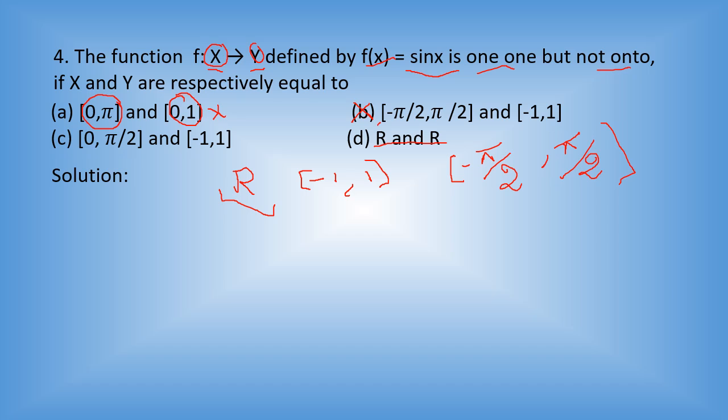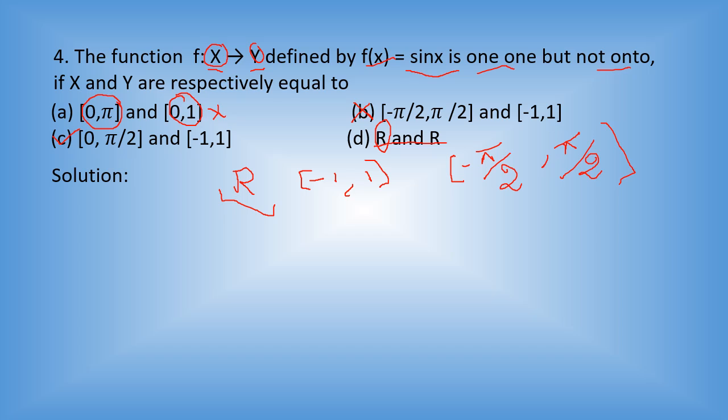If I consider the domain R as the set of all real numbers, that is not 1-1. That indicates that the function f of x equal to sin x is not a 1-1 function. Therefore, the only option is option C. If I take the domain as the closed interval 0 comma pi by 2 and the range as the closed interval minus 1 comma plus 1, the function is 1-1 but not onto.